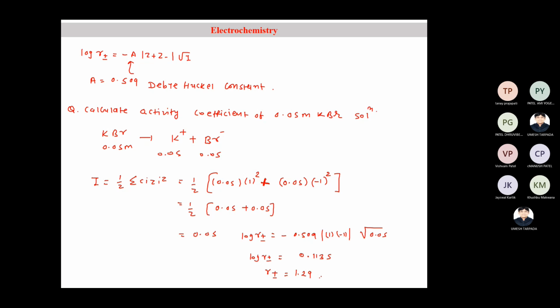In this way you can calculate the activity coefficient. Suppose you want to calculate ionic strength for a mixture, then what happens?